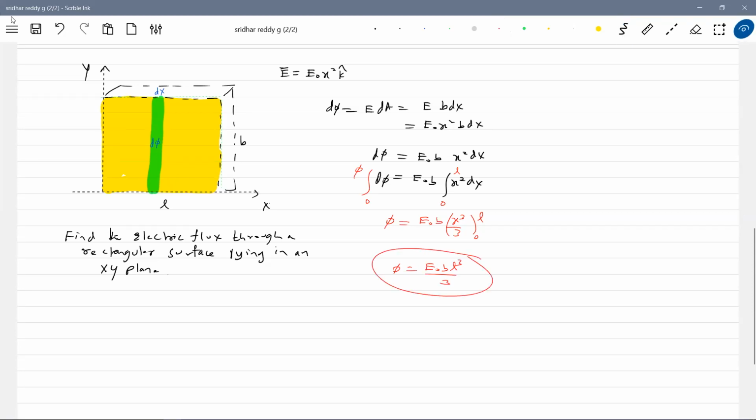What is the basic idea? If the flux linking a surface is variable, we assume an elemental strip. First we calculate the flux linking that elemental surface, then we integrate to get the total flux linking the surface. Now, what should we call d phi? Any interpretation? Flux linking.